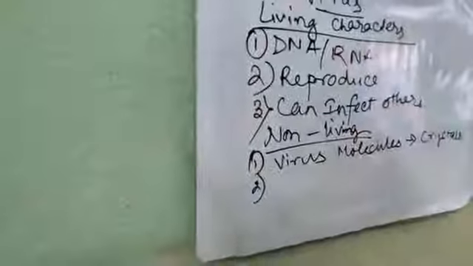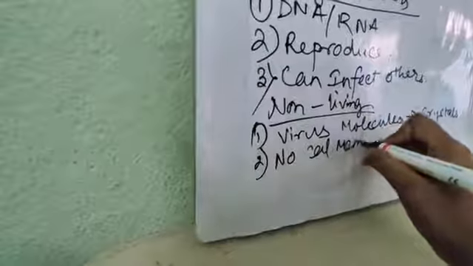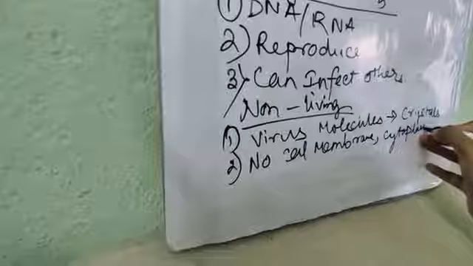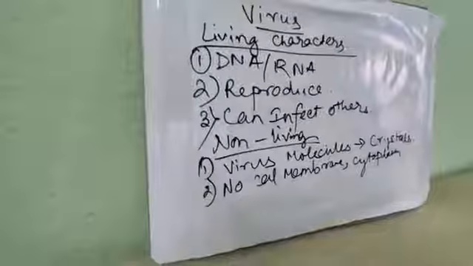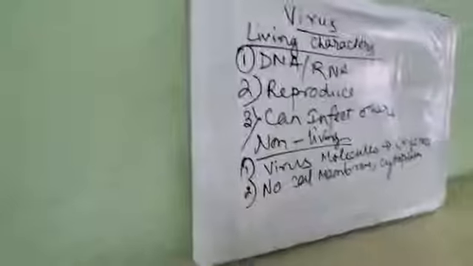Number 2, it has no cell membrane, no cytoplasm. Cytoplasm is the thing by which an organism can be identified as living or non-living. So it has no cytoplasm, no cell membrane. It does not show locomotion, so no locomotion as well.